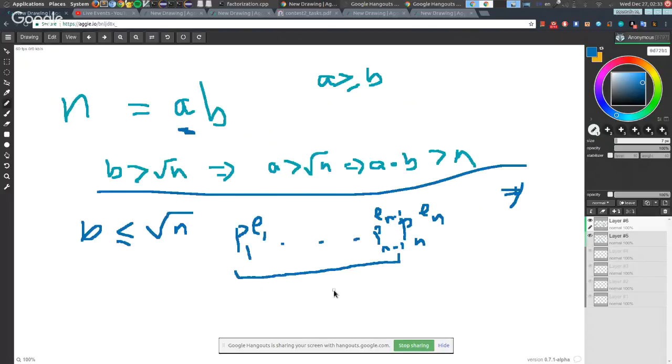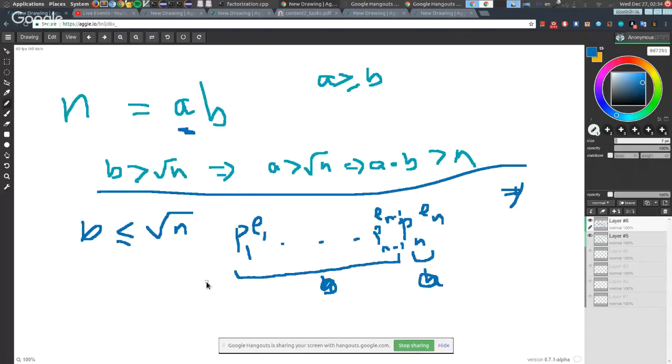So if we take this part as the a, then this will be the b. Sorry, this is the b. So this is the a. So this has to be less than the square root. It doesn't have to be always like that. It depends on how we order the primes.